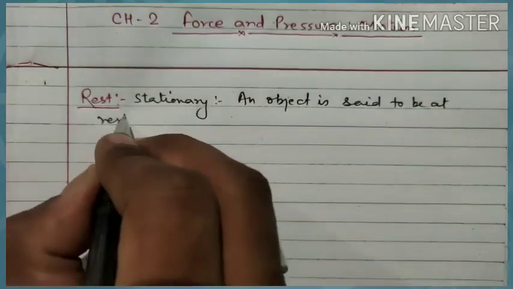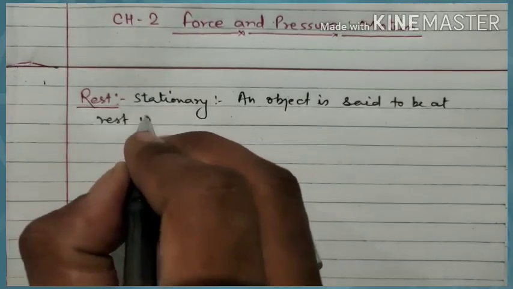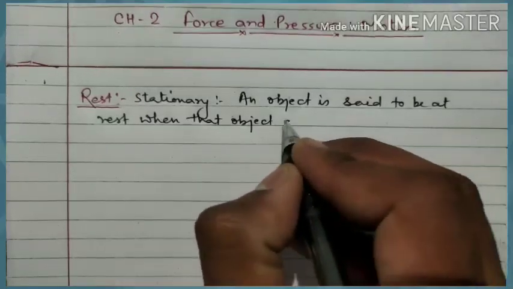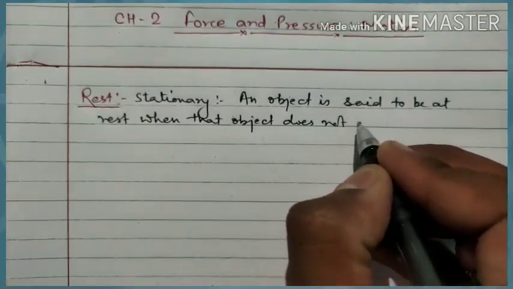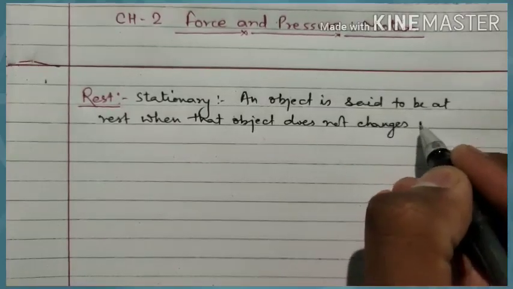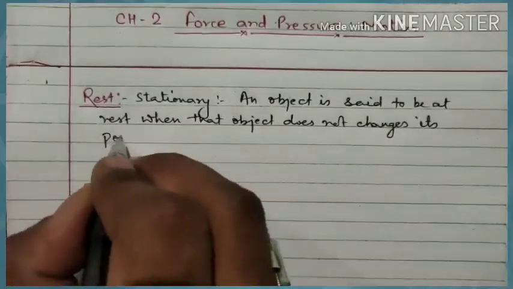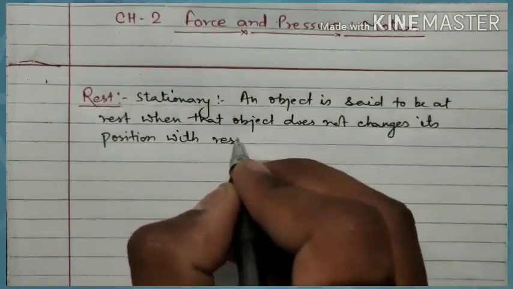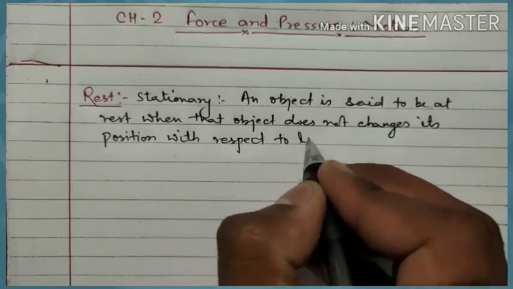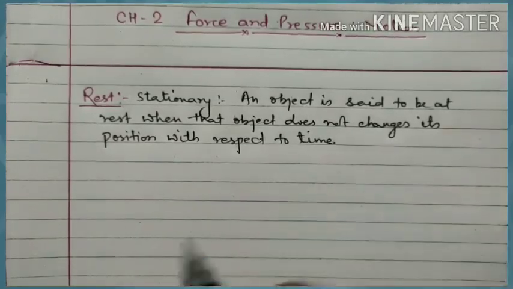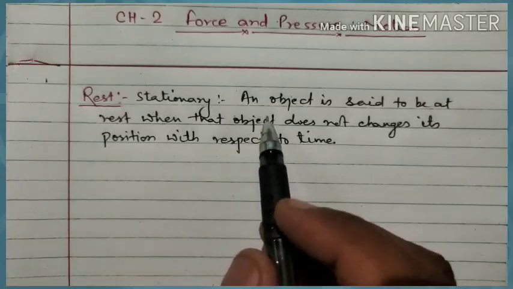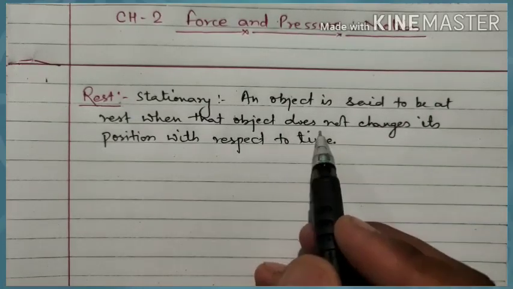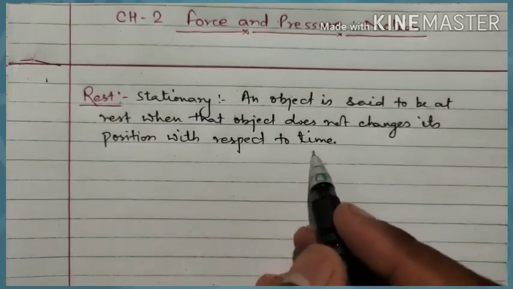An object is said to be at rest when that object does not change its position with respect to time.